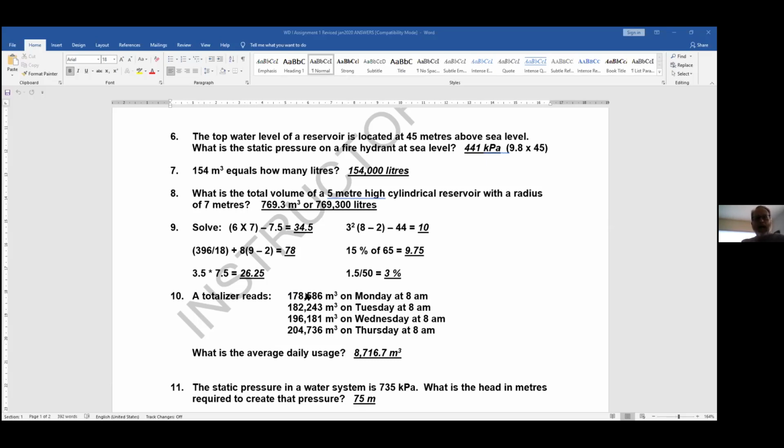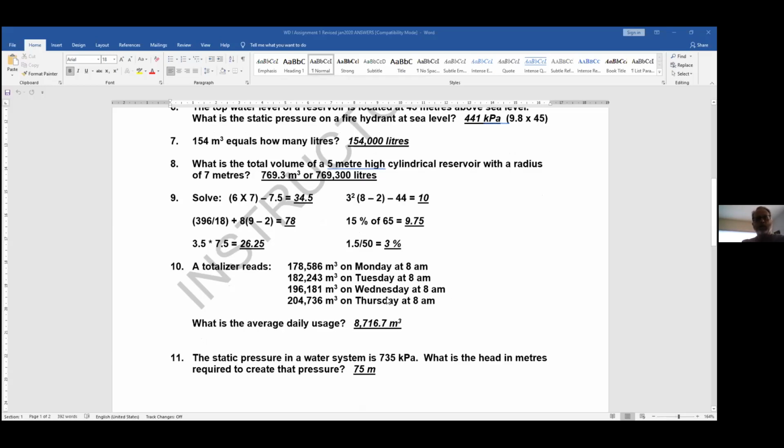So it's not adding all 4 of these totals together, because the totalizer is basically a meter reading. So we took a meter reading on Monday. You notice all the times are the same, which is good. This is the reading, this is the reading. So we're looking at the difference, right? Subtracting the difference. And you can either subtract from the total from the last reading, Thursday to Monday, or you can subtract them from each other and add them together. But there's your answer there.